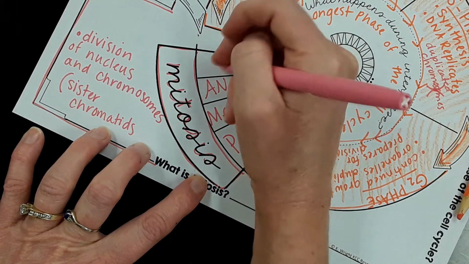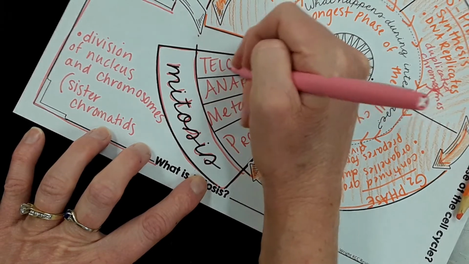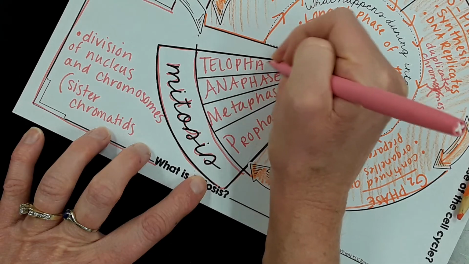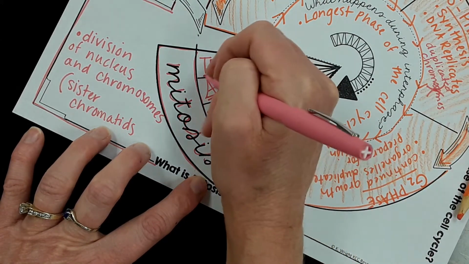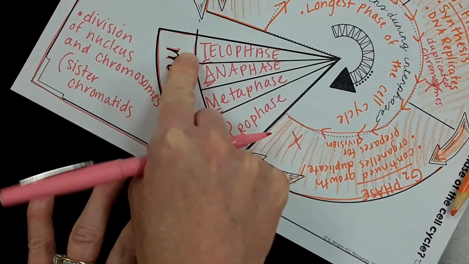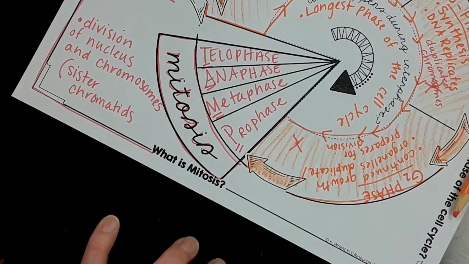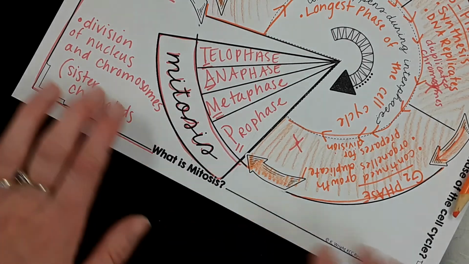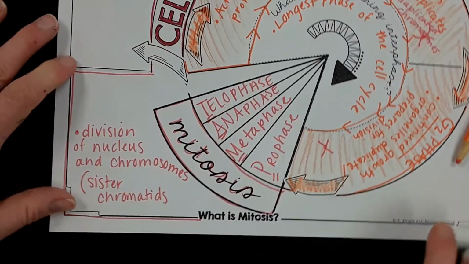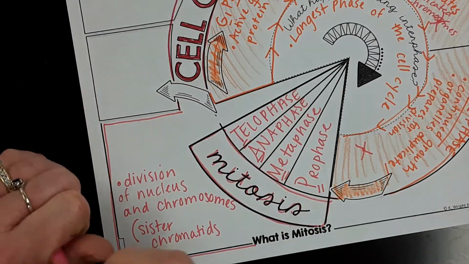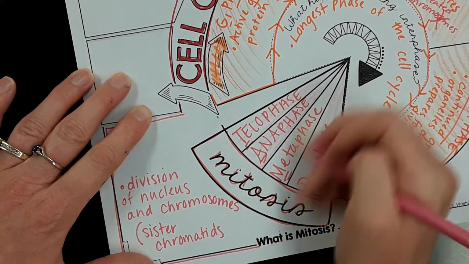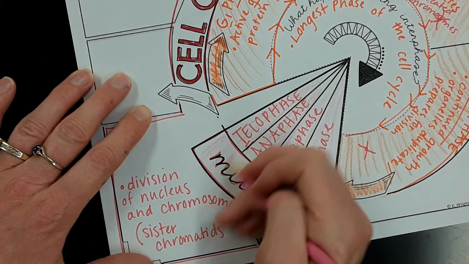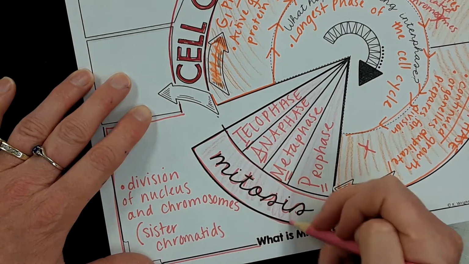And the fourth part is called telophase. Sometimes you'll hear people pronounce it differently. You can remember PMAT to remember the order: prophase, metaphase, anaphase, telophase. So mitosis is the division of the nucleus and the chromosomes. That's mitosis.